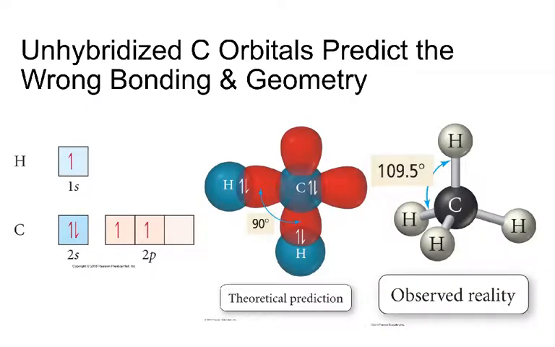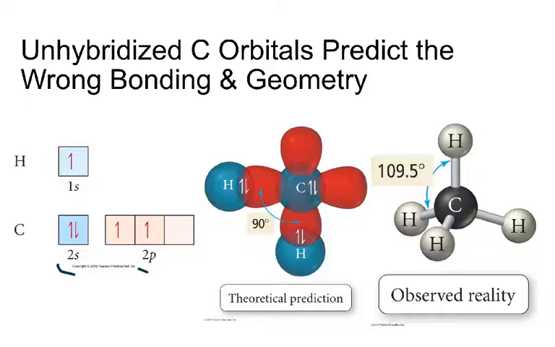So let's take a look at what unhybridized carbon orbitals would predict. So remember, carbon, with its 4 valence electrons, has 2 electrons in the 2s and 2 in the 2p.